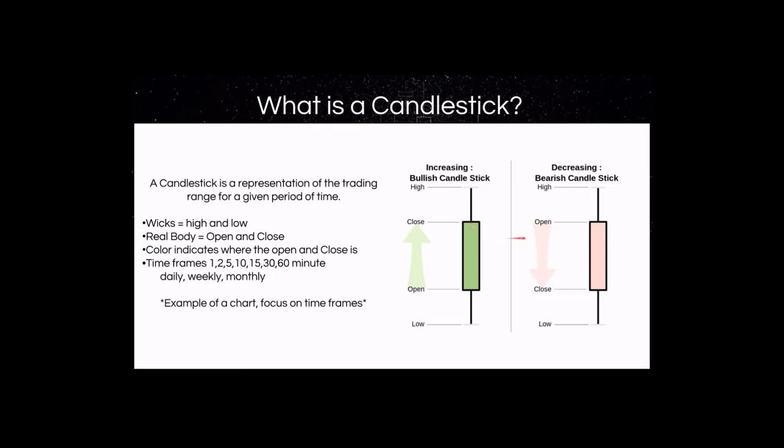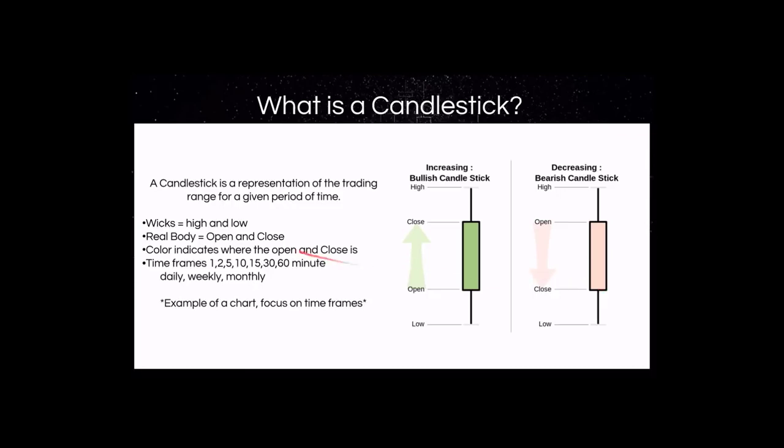Now, why the color is important, because you can see these two candlesticks look exactly alike, but depending on the color, that's going to tell you where the open and the close are. The high and the low are going to be the same regardless. It's always the top and the bottom of the wicks. But depending on the color of the candlestick, it's going to determine where the open and where the close of whatever time period you're looking at is. So you can see the open here, and we closed lower, so it's a red candlestick because the price went down on the day.